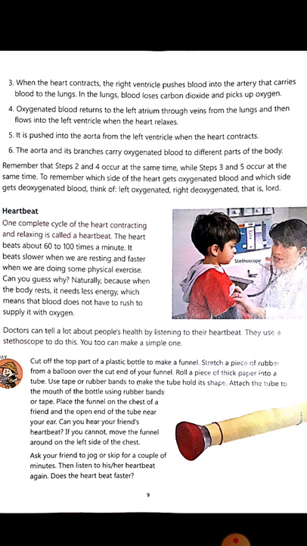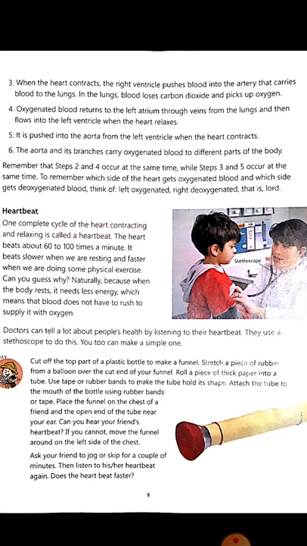Next, it is pushed into the aorta from the left ventricle when the heart contracts. Sixth point: the aorta and its branches carry oxygenated blood to all parts of the body.